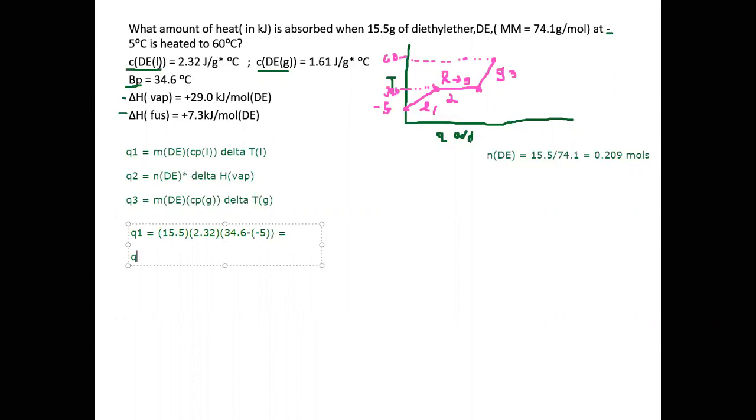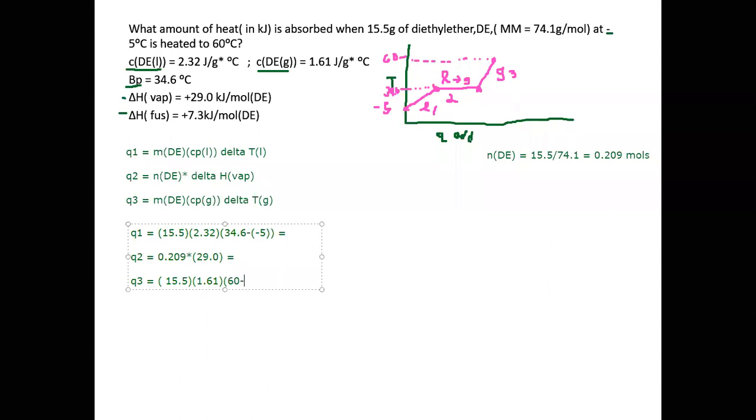Now for Q2, it's the number of moles times the delta H of vaporization. And Q3 is similar to Q1, except now we use the specific heat of the vapor and the temperature change of the vapor.